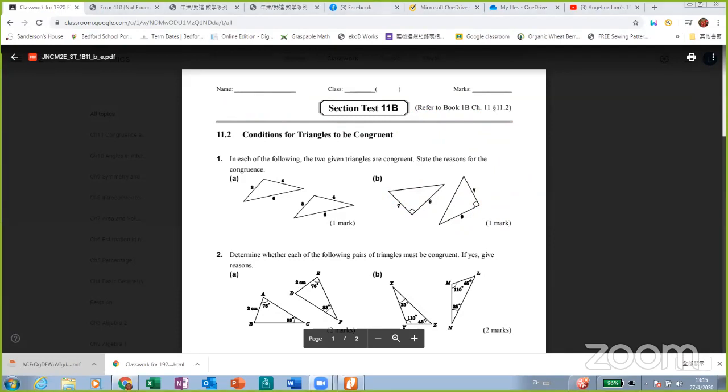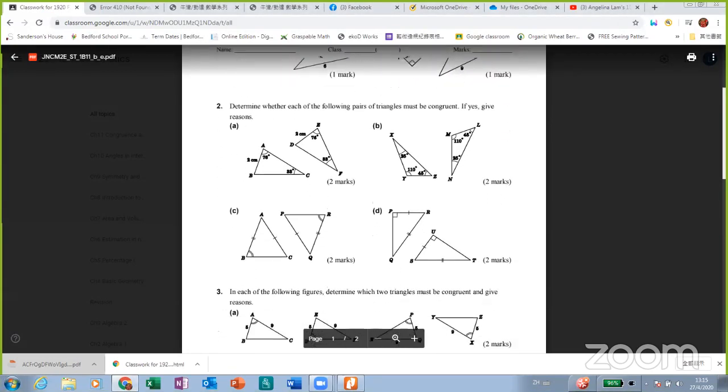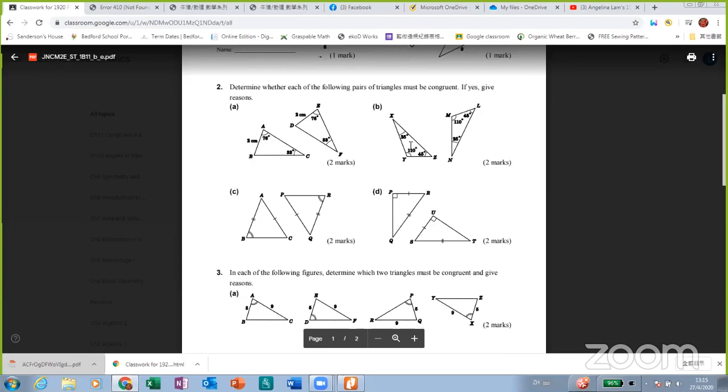Now, we come to the next one. You first look at what you have. In your case, you can use color pens to highlight which ones are in a pair.